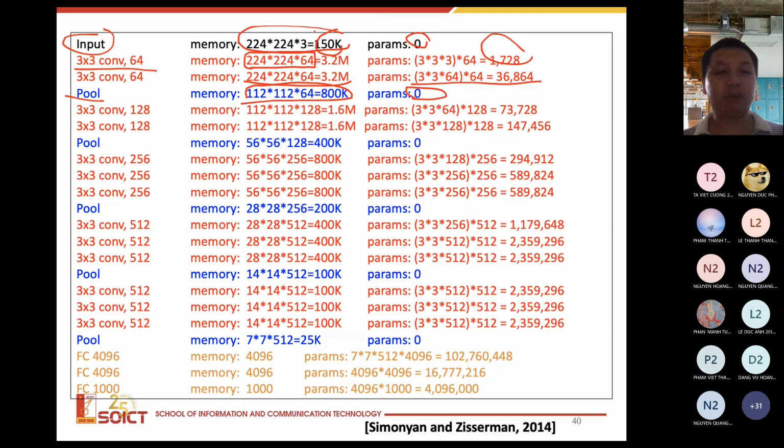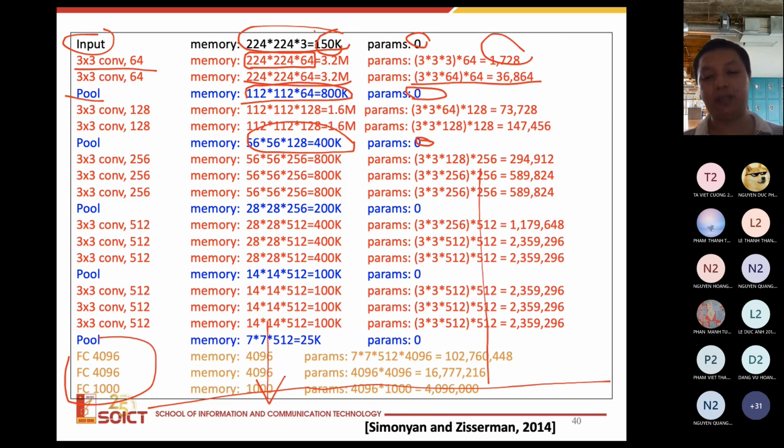And then you go down, and in this pooling layer, you reduce the size of the memory to hold the output to 400 kilobytes, and in this case, there are 0 parameters to learn. And then for the fully connected layer, if you do the total summarization over this, you see the size of the network and the number of parameters to be learned.